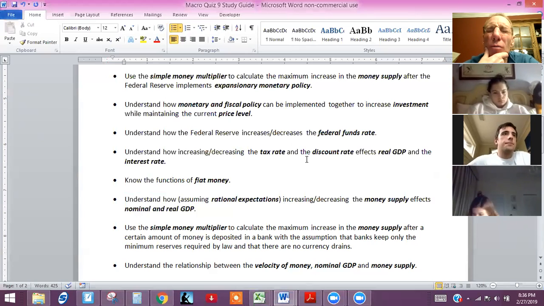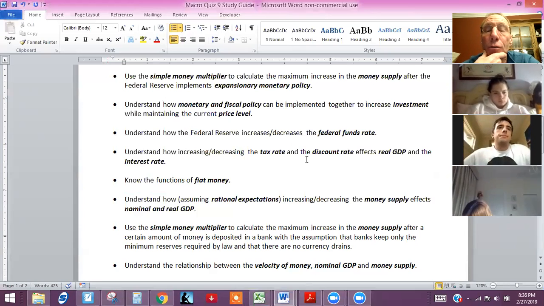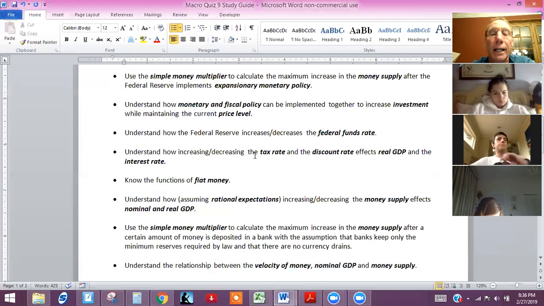Actually, it's going to be just less consumption, so that would mean real GDP goes down. The discount rate is going to obviously affect the interest rate. If it goes up, then overall the discount rate is kind of the bottom rate, so all the other interest rates are going to go up, which is going to drive GDP down. Okay, so this is just understanding how these variables relate.